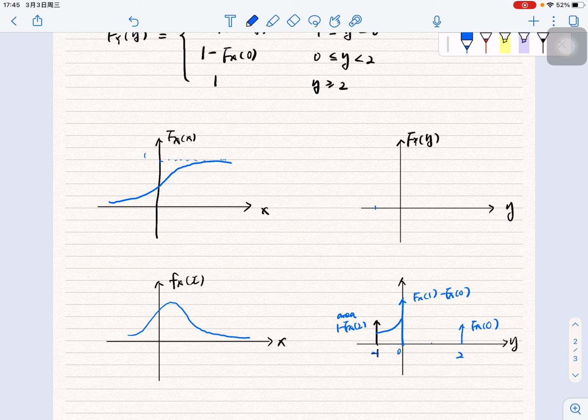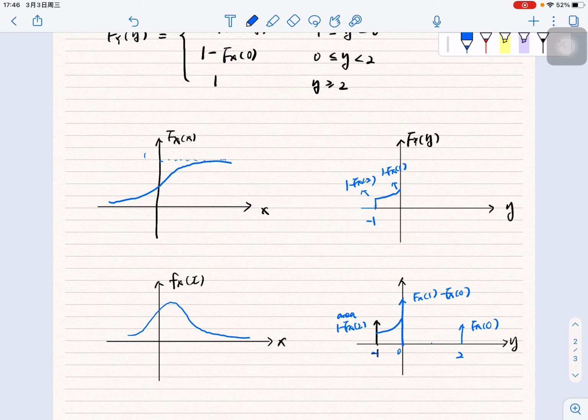Okay, and then we can draw the distribution function. When y is less than minus 1, we have the value 0. Then in the interval minus 1 to 0, we have a function like this. Here we get the value 1 minus Fx(2), and here we have the value 1 minus Fx(1).